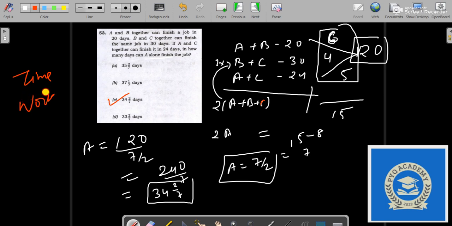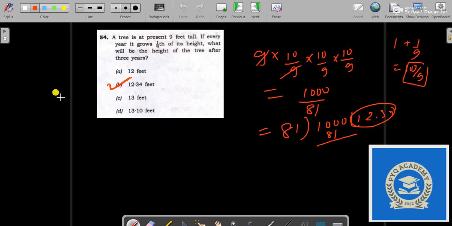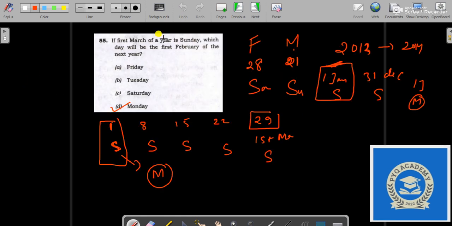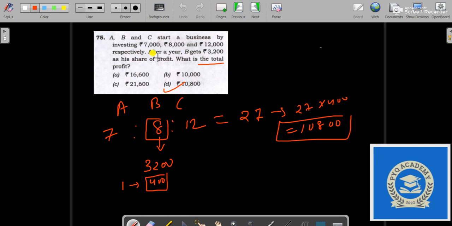Then let's take it as percentage. Then it is a reasoning question from calendar. Then the next question is also from ratio and proportion.